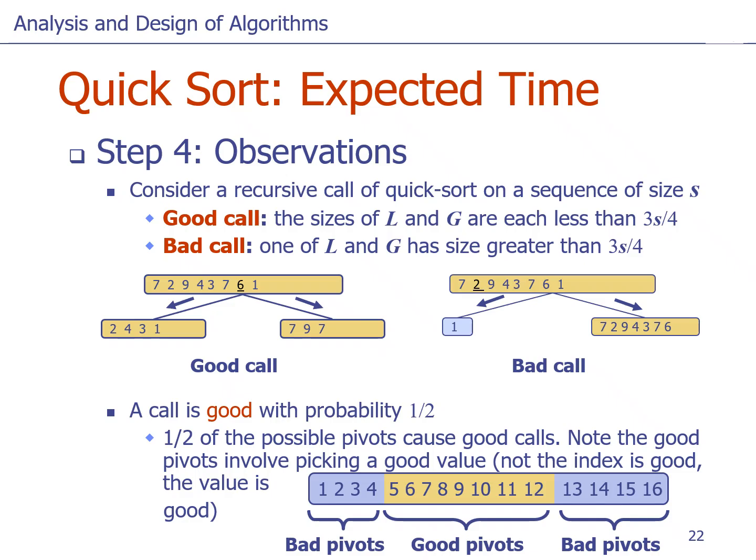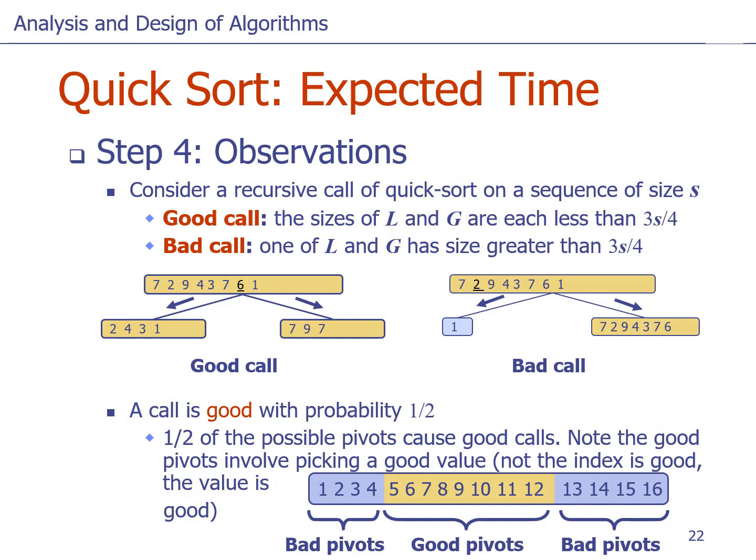Now, one thing to realize here, the number of good pivots is equal to the number of bad pivots. Even though the bad pivots reside on the periphery of the array, if you count the entries, actually it's half and half. The half in the middle is good, and the quarter at the beginning and the quarter at the end are bad.